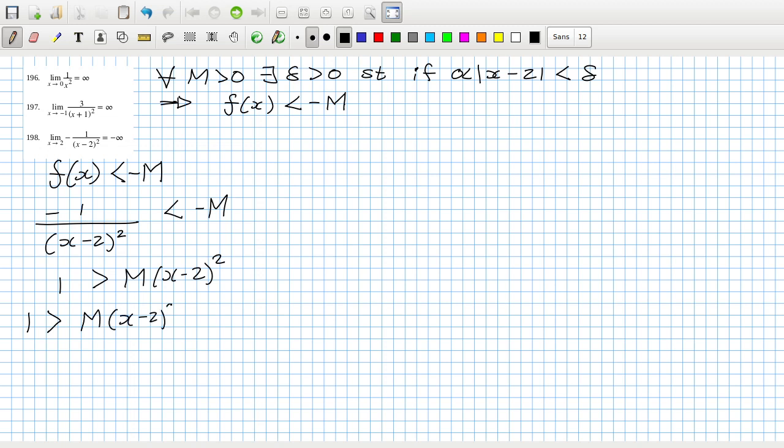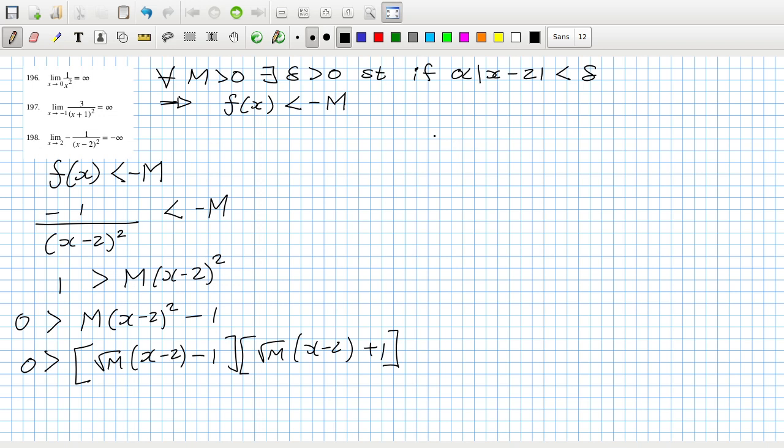Take the 1 over. So 0 less than root m times x minus 2 minus 1, root m times x minus 2 plus 1.